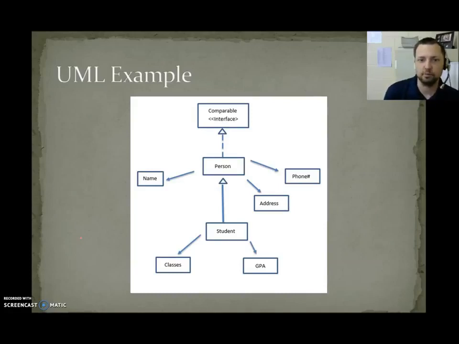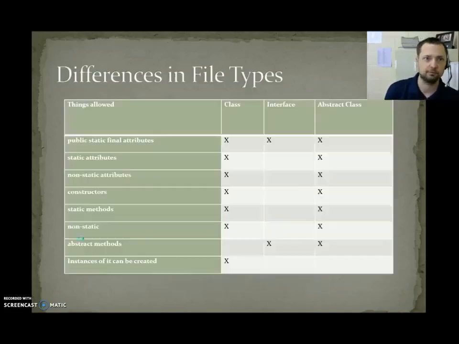If they are a Comparable, that means they agreed to write the compareTo method. But a Person would have a name, address, and a phone number. And then we have a solid line pointing up to Person saying a Student is a Person. And a Student would have a list of classes they're enrolled in and GPA, and those are has-a relationships. But Student has an is-a relationship to Person.